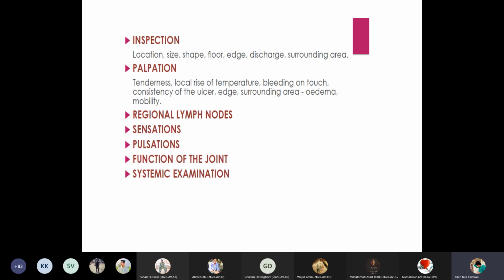On palpation, you have to see the tenderness, local rise of temperature, bleeding on touch, consistency of the ulcer, edge, surrounding area, edema, and mobility. Then regional lymph nodes, sensation, pulsations, function of the joint, and systemic examination.